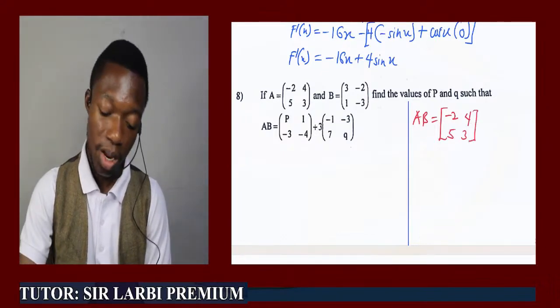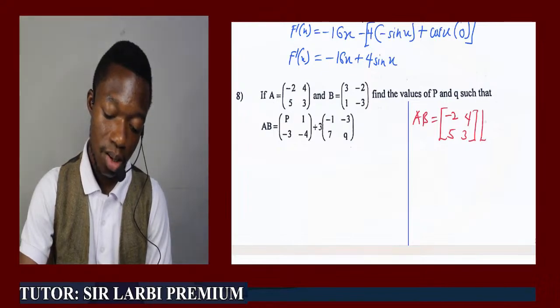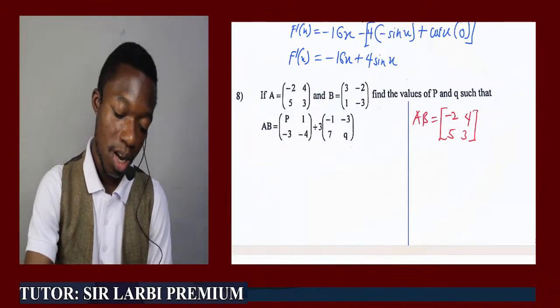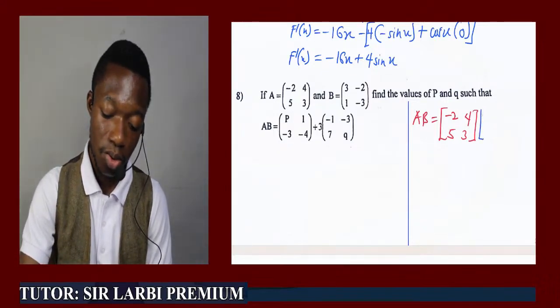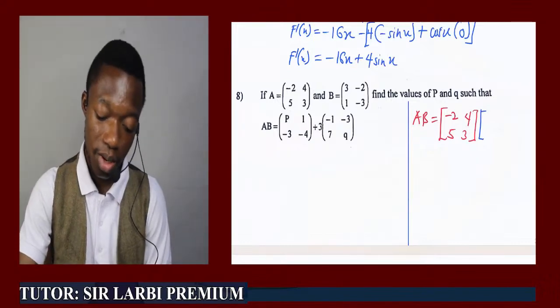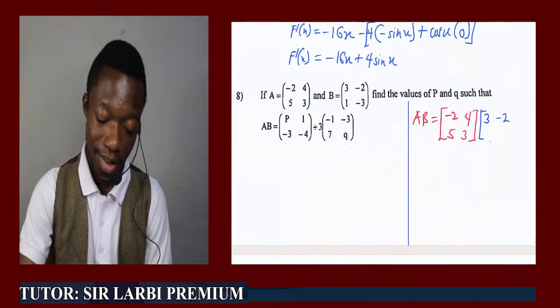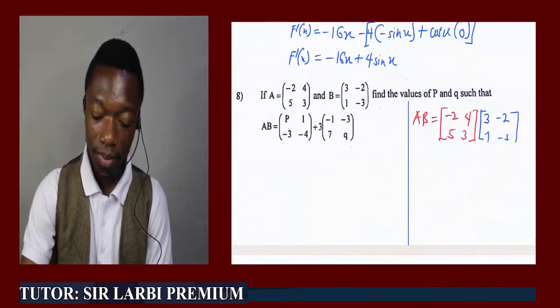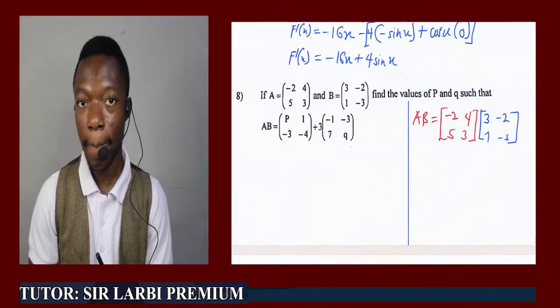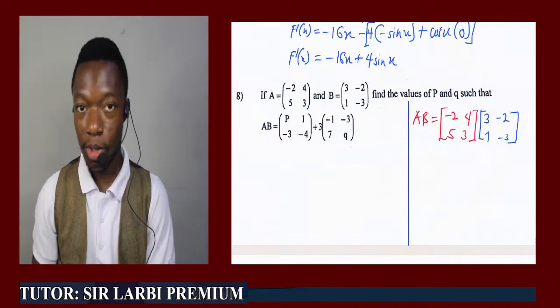And we have B to be equal to, so we are multiplying, right? So we have here 3, negative 2, then 1, then we have negative 3, generally here.